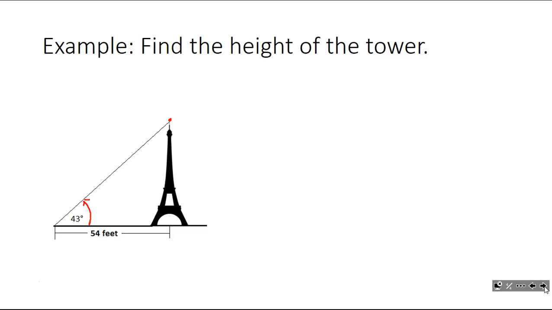Well, we're going to do this problem very much like the problem on the previous page, except we won't have as much work. This height here that we want to discover, h, would just be one of the sides of what you could visualize as being a triangle. And so we want some trig function of 43 degrees equals a fraction.